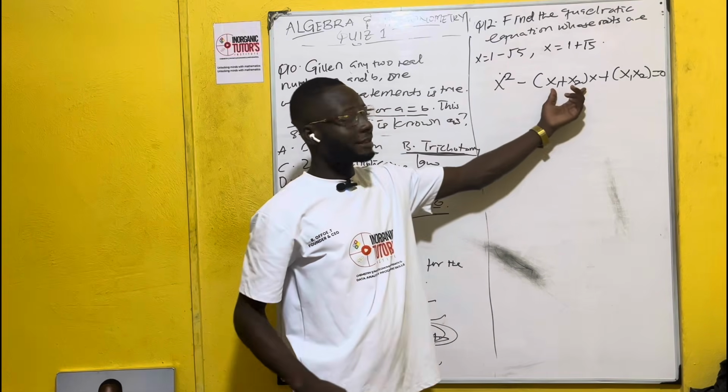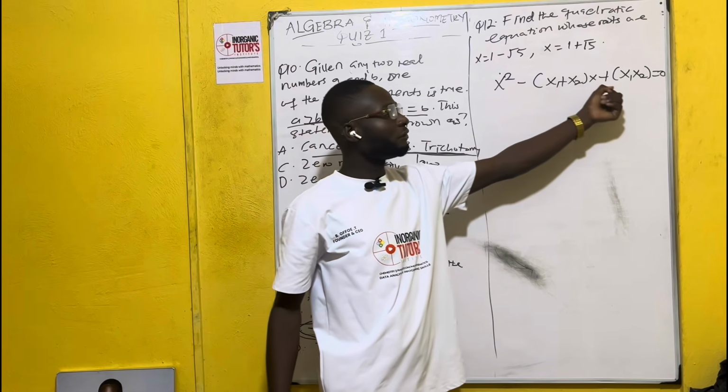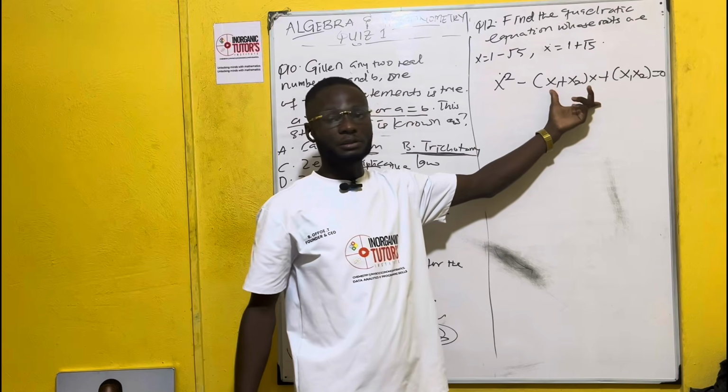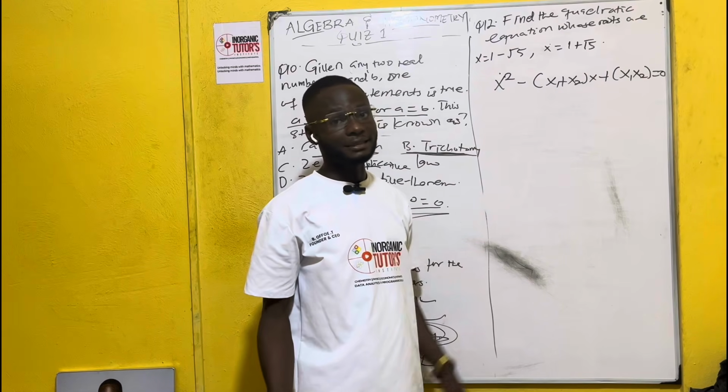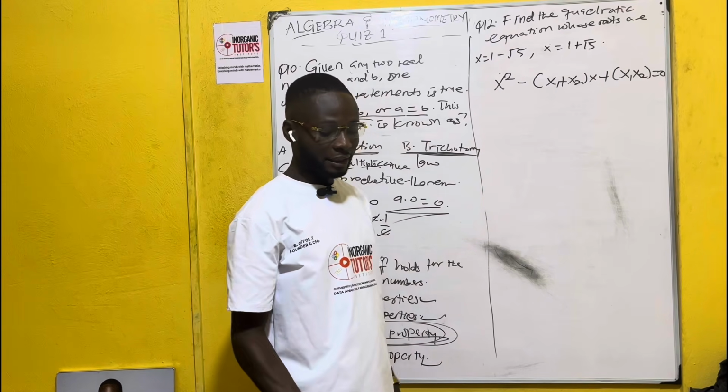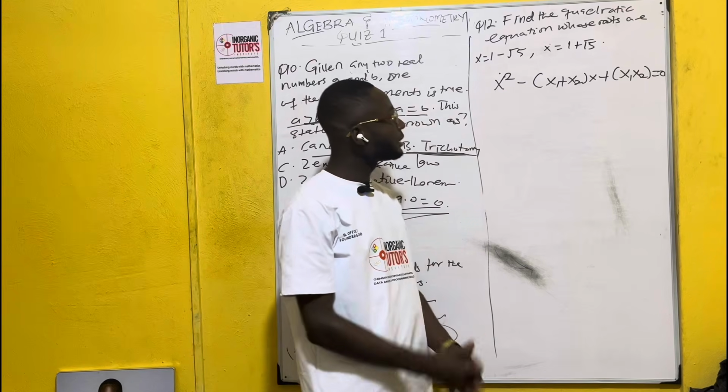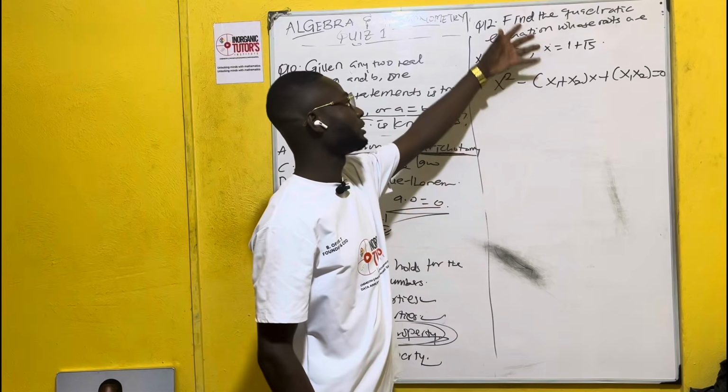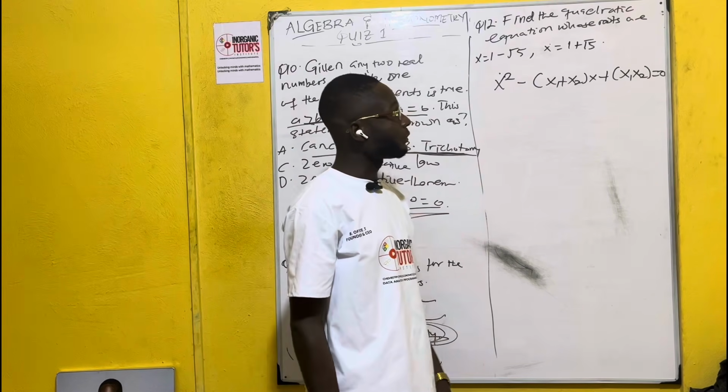So you find the summation of the roots, you find the product of the roots, then you substitute into the formula. That is very, very simple. Then you find the quadratic equation.